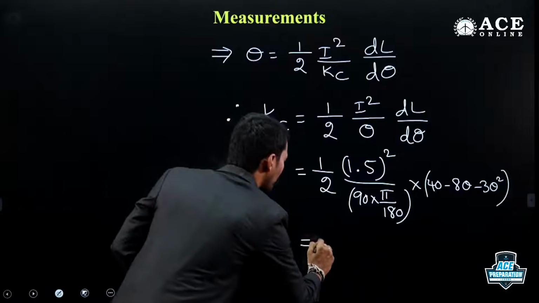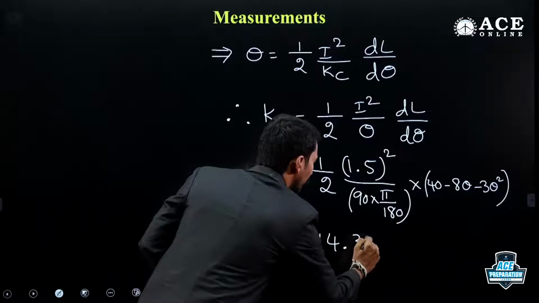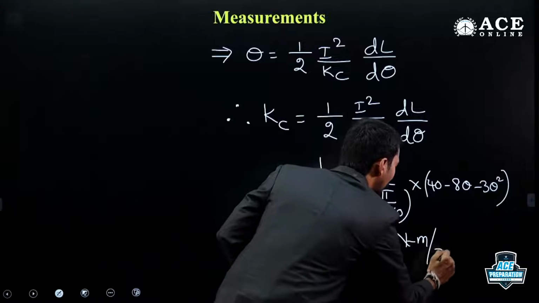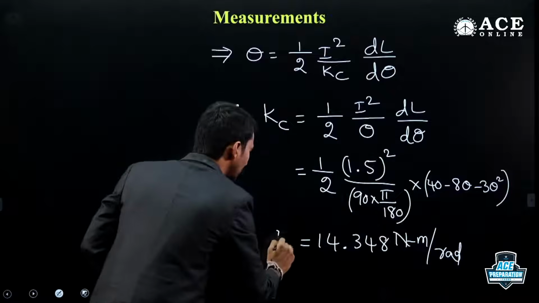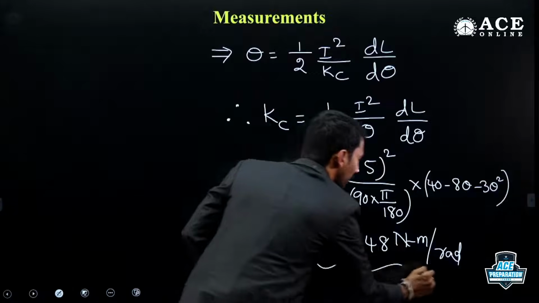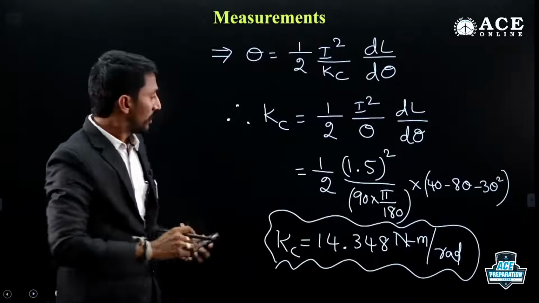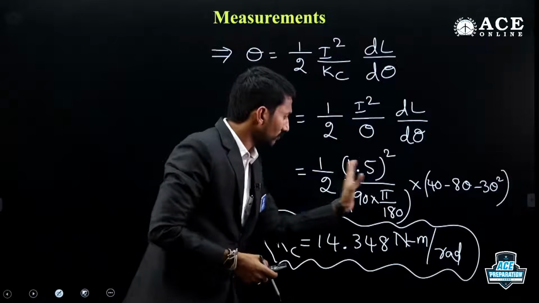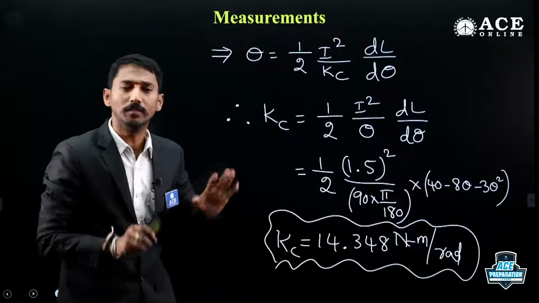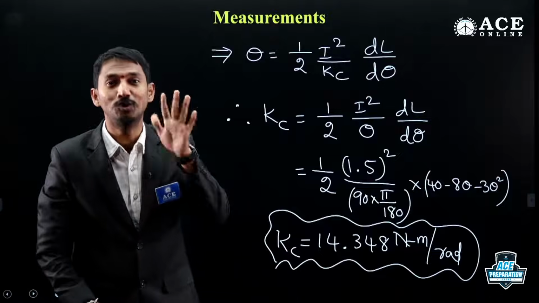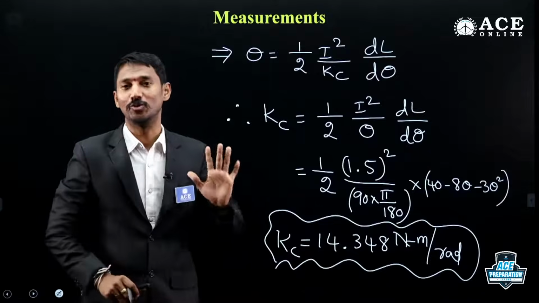So this is the value of Kc we have calculated. Clear, guys? Sir, this is an in-depth mathematical calculation, but for practice purposes these types of questions may also be possible. It is a 2 marks model question, so no need to worry.